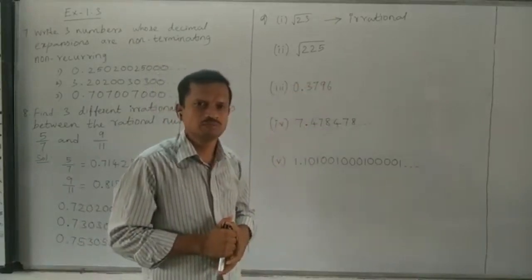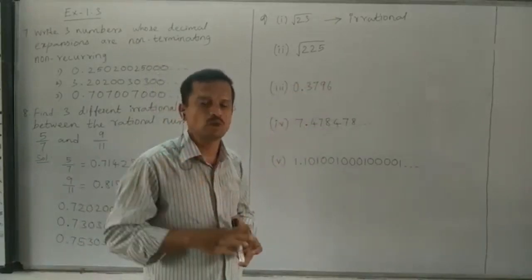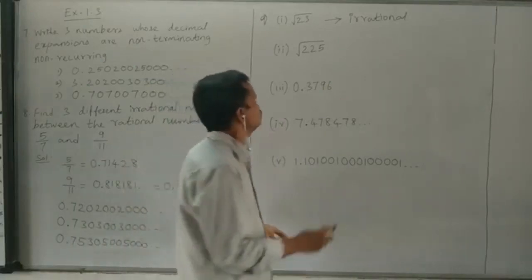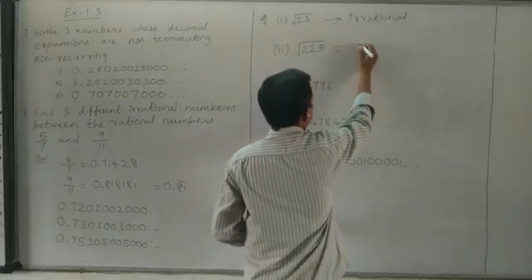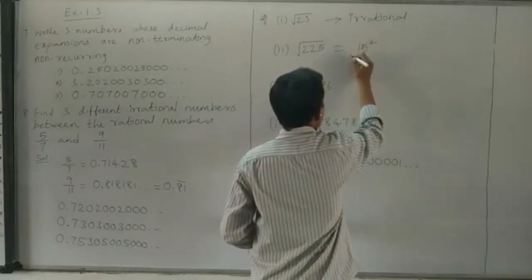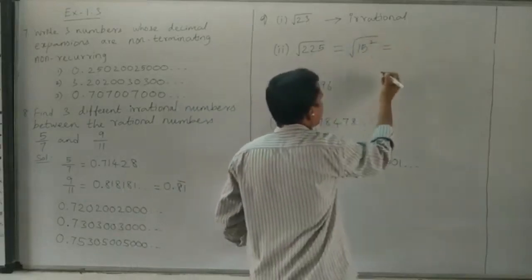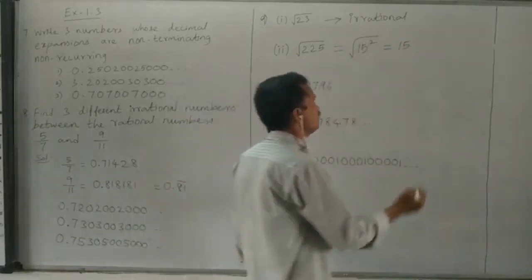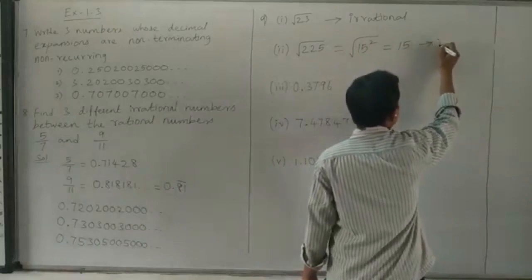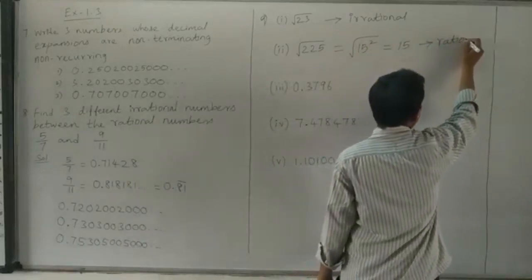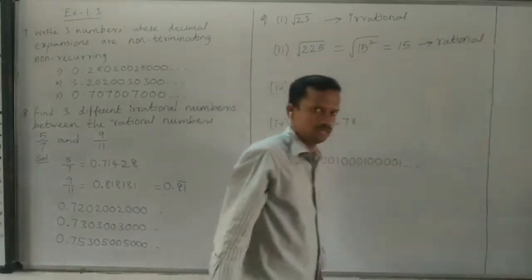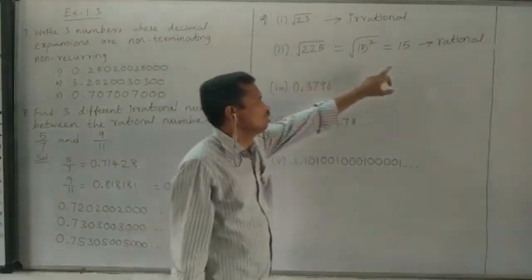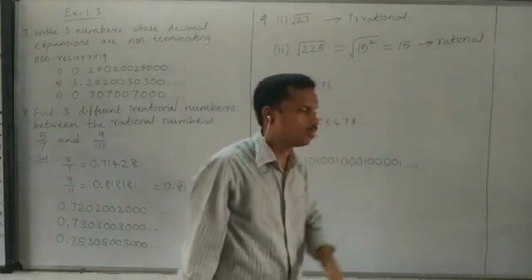It's a square number, 15 square. So 15 square is 225. And if you take square root of a square number, you get only the number 15. So 15 is the answer. So it is a rational number. So this is rational number.